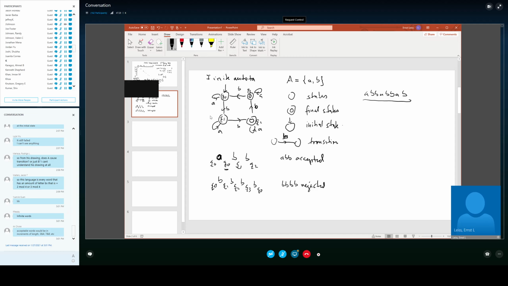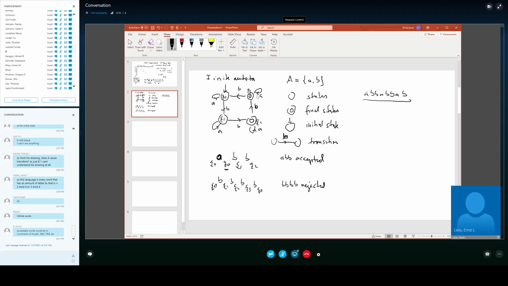Well, first of all, these are accepted, not acceptable. Accepted words would have to end up either here or there. Since we have already said we can dismiss anything that the A does, the only thing we have to count is the number of B's. Obviously if we have 2 B's, we get to Q2.